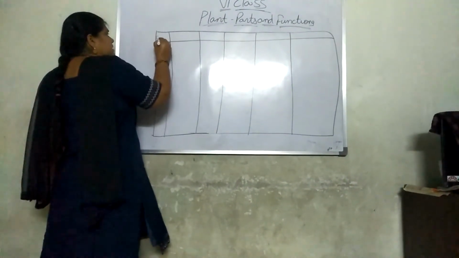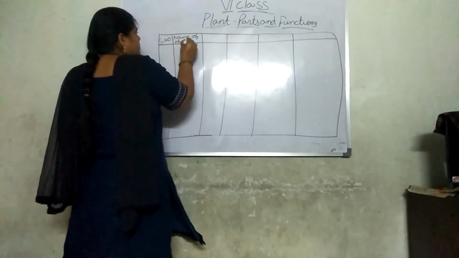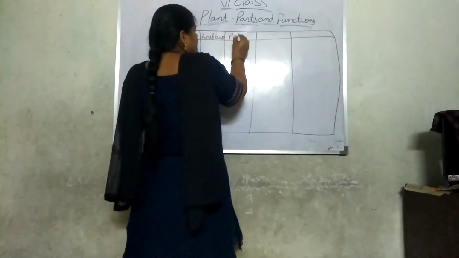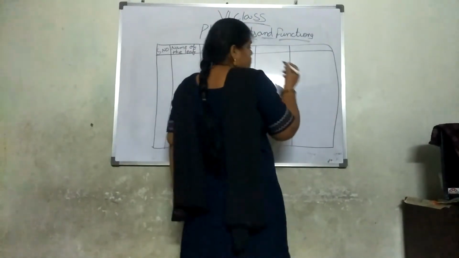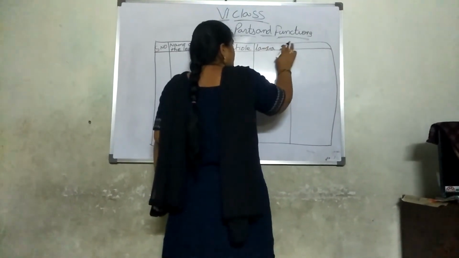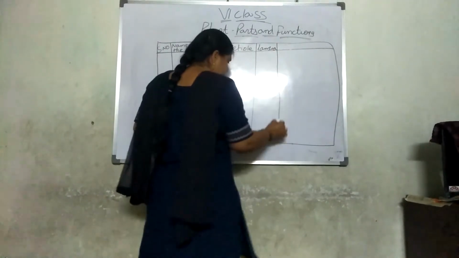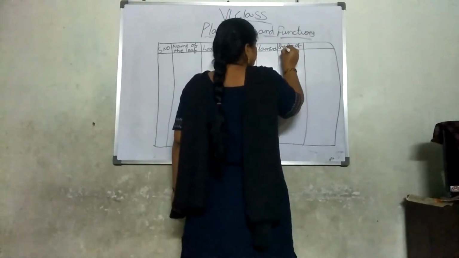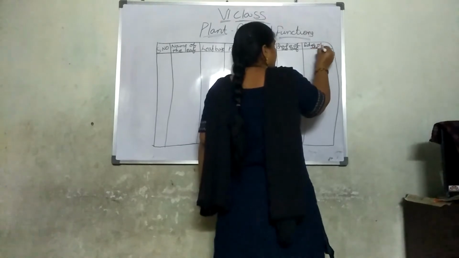So see here what the things are: serial number, name of the leaf, then leaf base, petioles, lamina, shape of the leaf, and edge of the leaf.